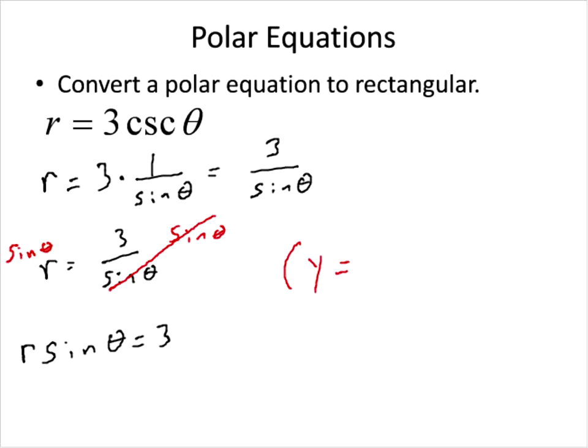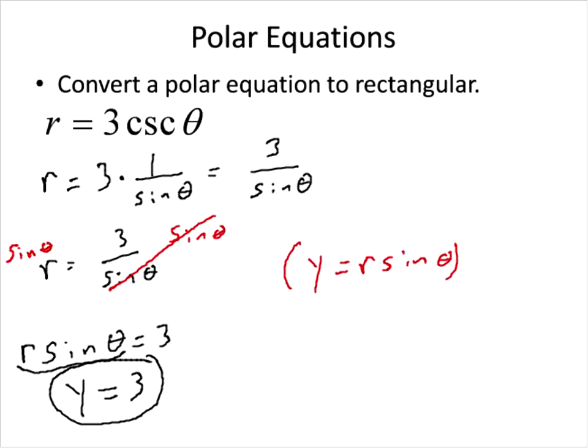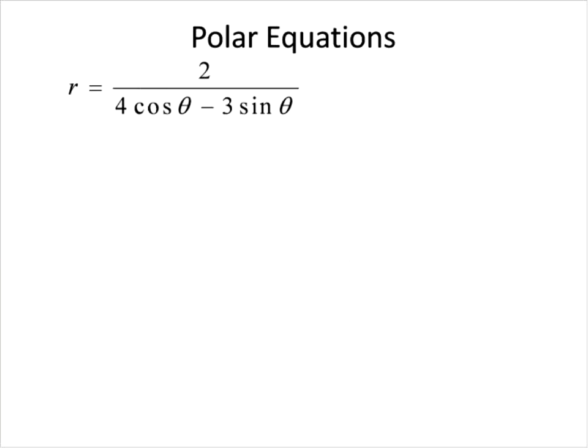Well, if you remember, y was equal to r sine theta. So I'm just going to substitute this right back in. Instead of saying r sine theta, I'm going to say y equals 3. And there you go. I've just converted that polar equation into a rectangular equation.